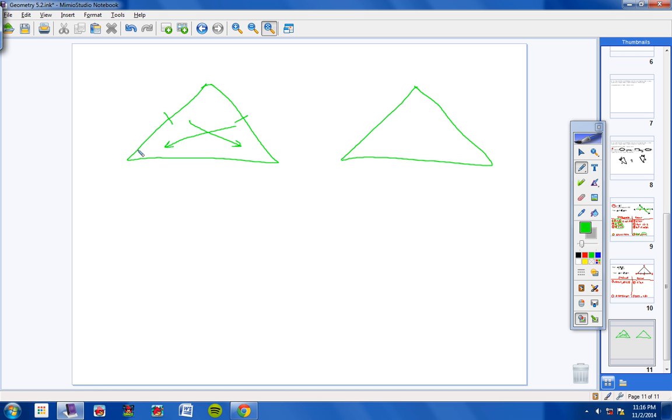So this angle here would have to be congruent to this angle here. And we also learned the converse of that, in which if two angles in a triangle are congruent, here it is, then their opposite sides are congruent. We learned that. So we know this side here has to be congruent to this side here.